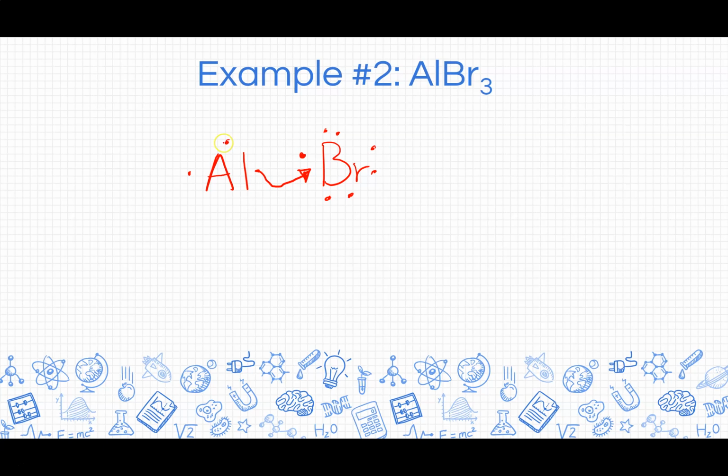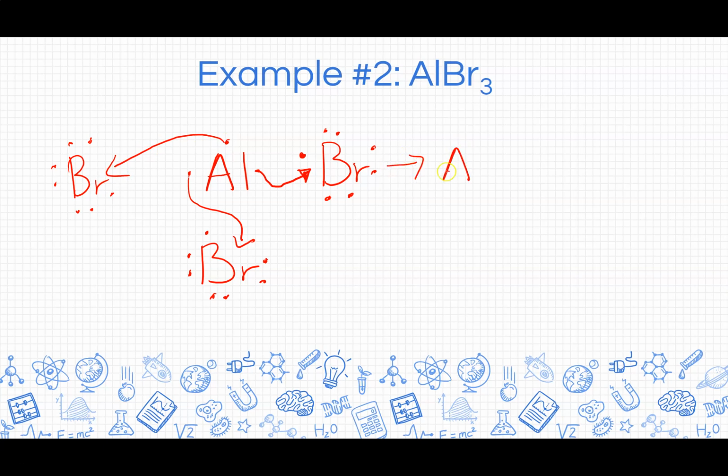So the next electron isn't going to go to that same bromine. Instead, that aluminum will find a second bromine to which it can donate, and then a third bromine to which it can donate. And this is why aluminum bromide ends up being AlBr3.